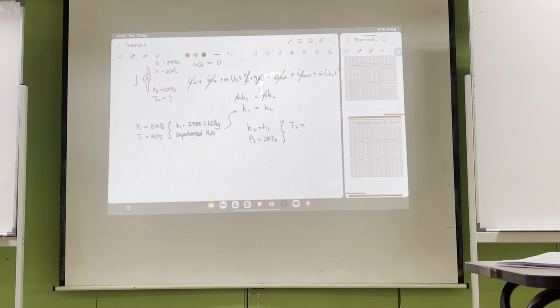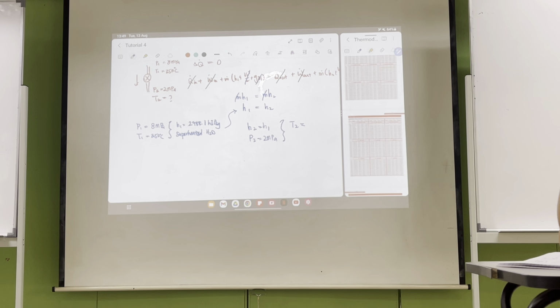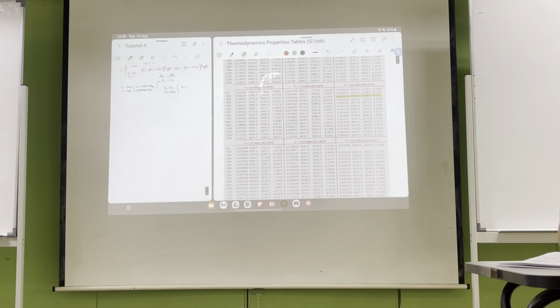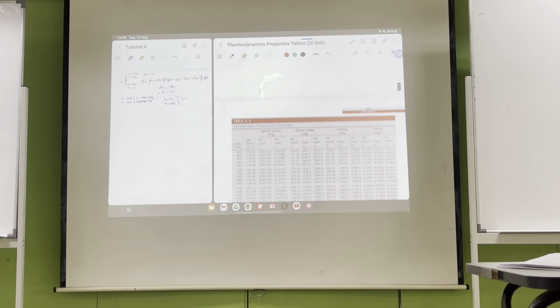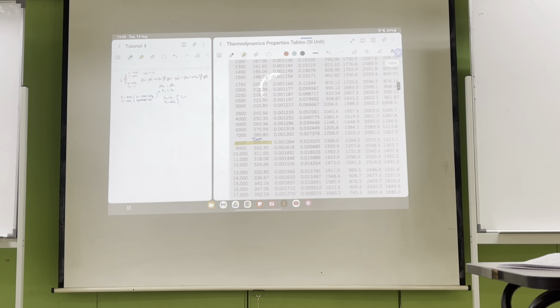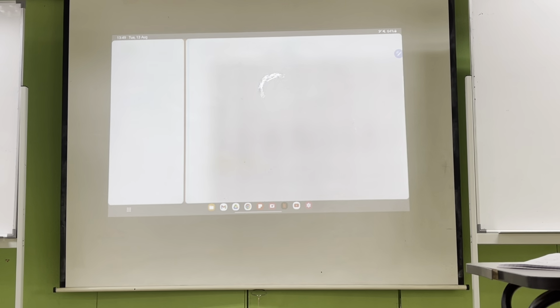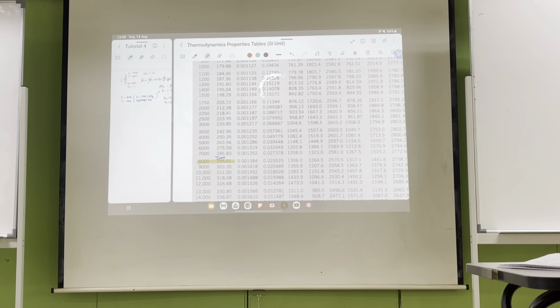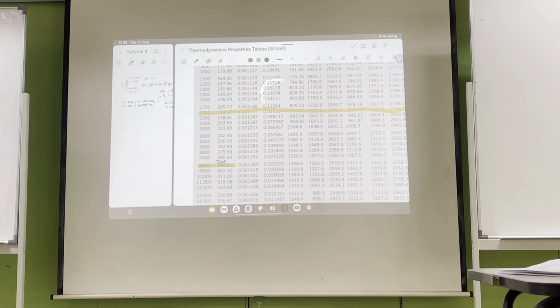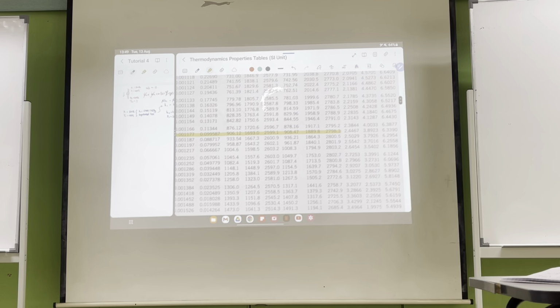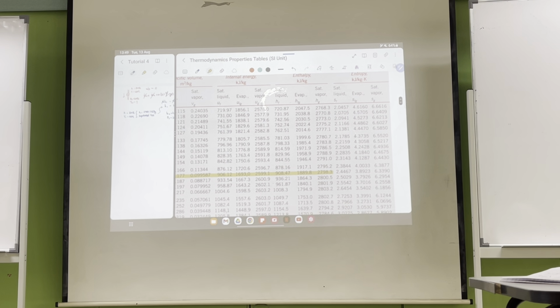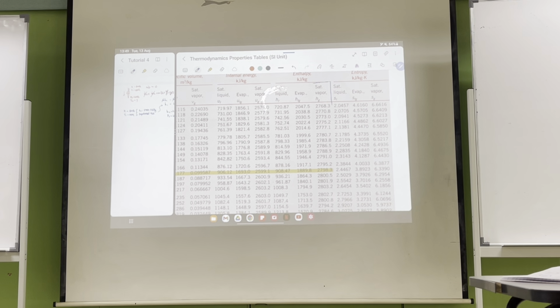So from here, you do the same thing, but in reverse. This time you check for 2 megapascal, but you look for H equals 2988.1. Okay, so once again you go back to the saturated table. You look for 2 megapascal. So 2 megapascal is here. 2988.1 for enthalpy. So now we compare with Hg.